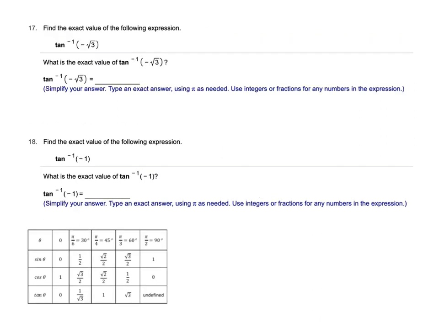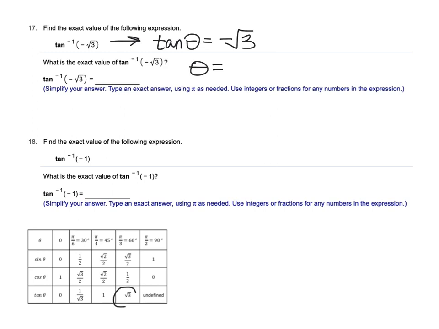All right, let's look at number 17. Let's find the inverse tangent of negative square root of 3. I'm going to rewrite it: that's the same thing as saying the tangent of theta equals negative square root of 3. My goal is to find theta. So where is the tangent square root of 3? We'll come down to the chart at the bottom of the page.